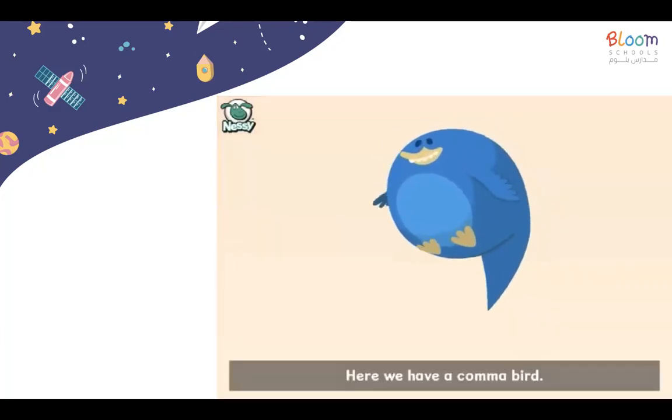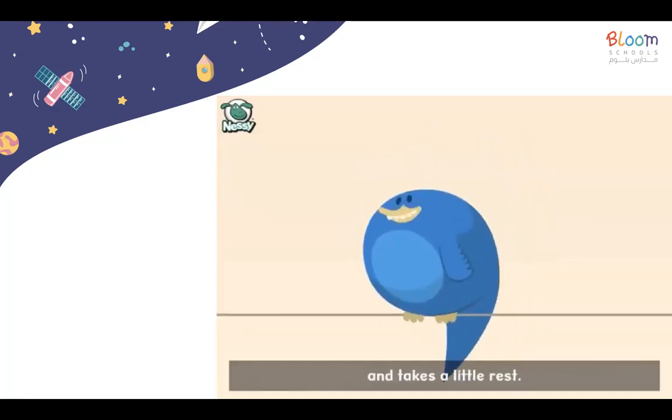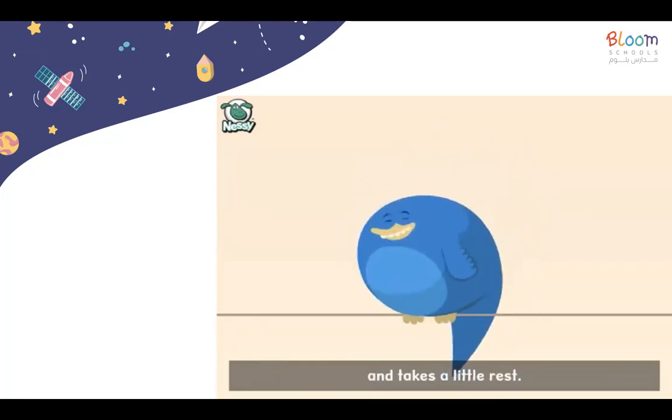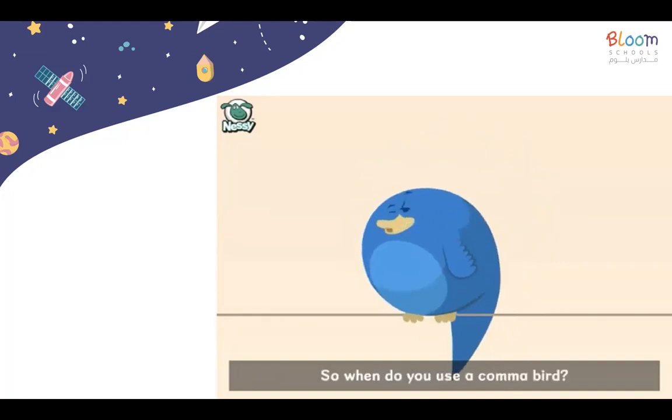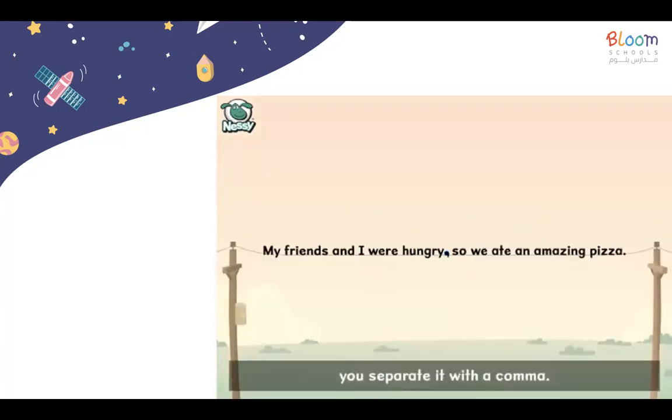Here we have the comma bird. It sits on the line in the middle of a sentence and takes a little rest. So, when do you use a comma bird? When you want to add some extra information to a sentence, you separate it with a comma. It lets you take a little rest and breathe before going on.